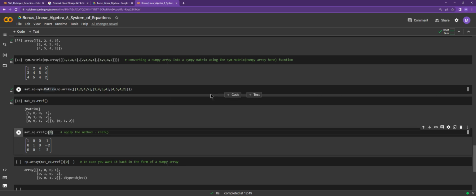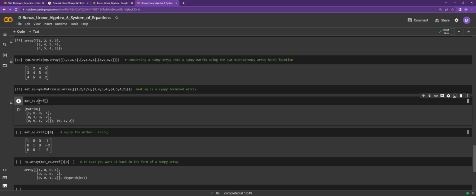So how does the function work? We have a matrix, mat_eq is our name, and mat_eq is a SymPy formatted matrix.